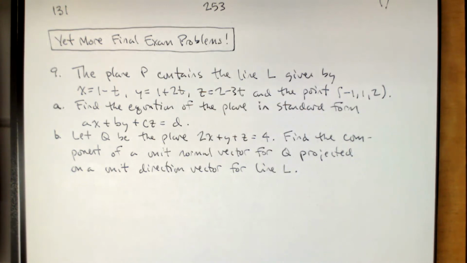Line L is in the plane P. Now if line L does not lie in the plane Q, then we've got the line L passing through Q at some point. And I want to know a component for a normal vector for Q in the direction of line L. I want a component for one vector in the direction of another vector.